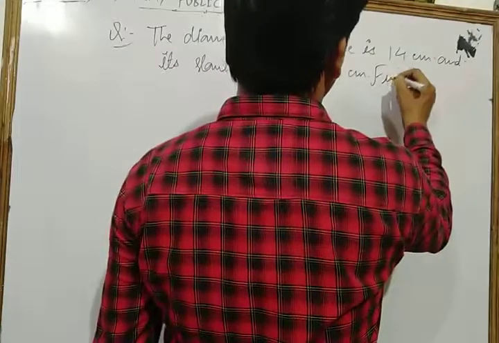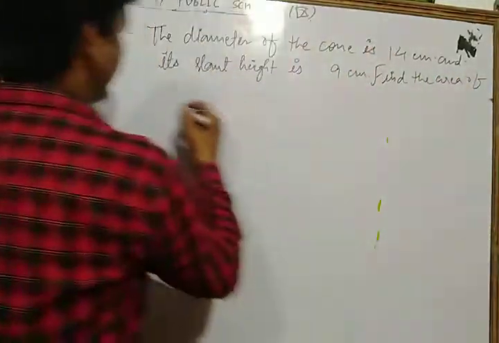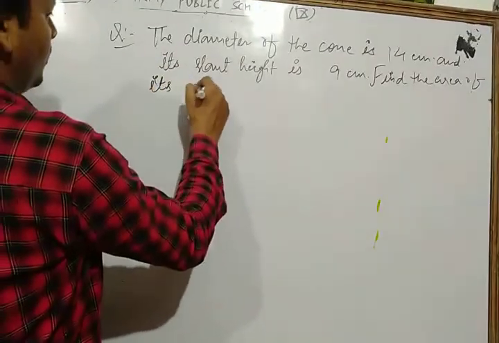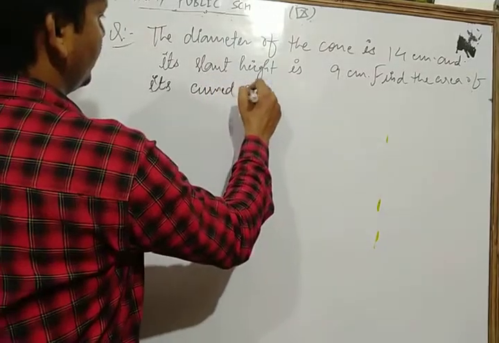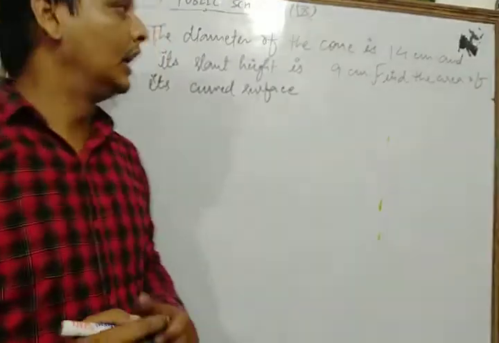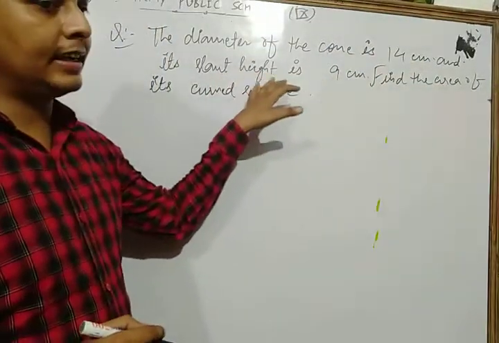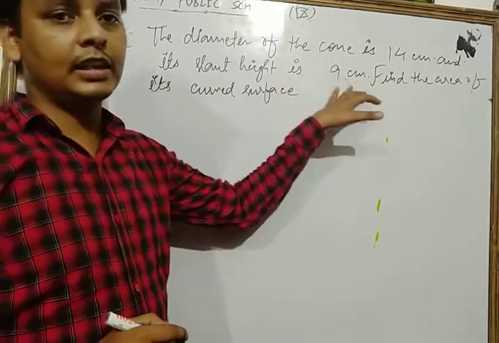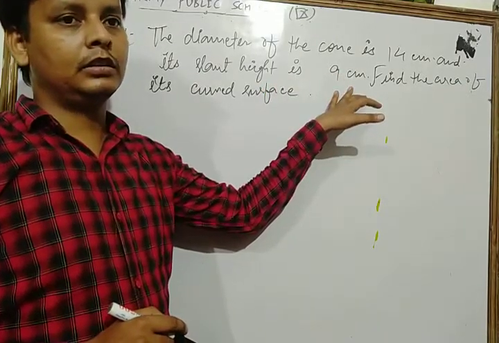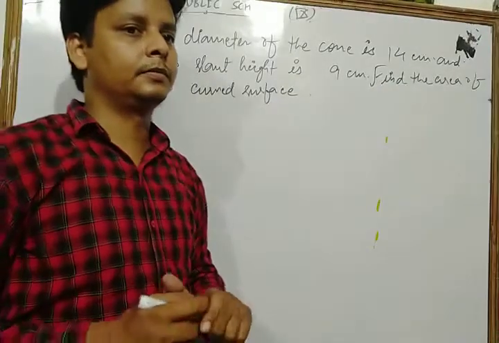Find the area of its curved surface. This is the question. In this question, the diameter of the cone is 14 centimeter and the slant height is 9 centimeter. Find the area of its curved surface.